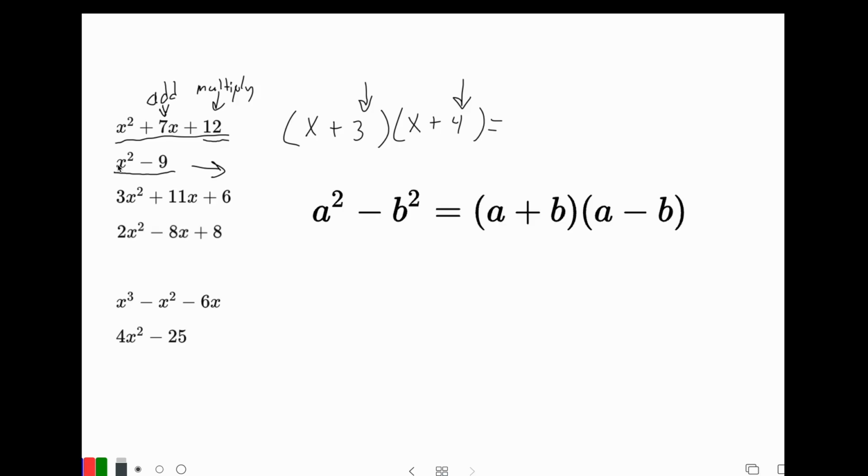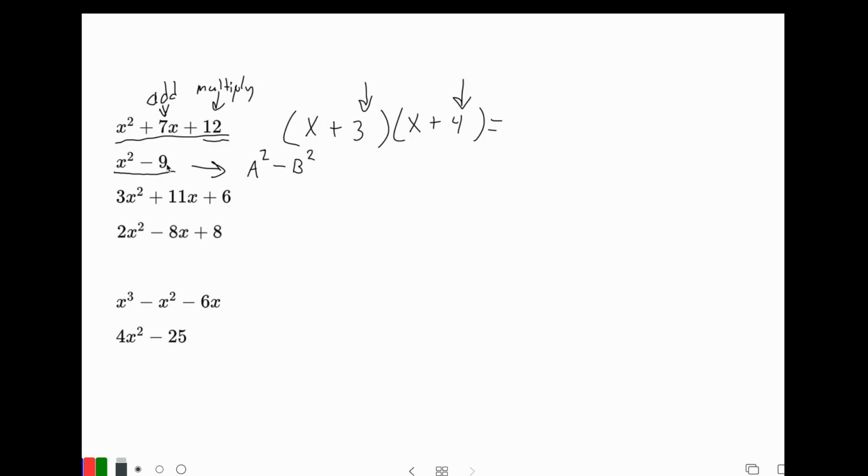Now the next form that is very common on the ACT is something squared minus another thing squared, the difference of those two. So it's in the form a squared minus b squared. Because 9 is a square, it's 3 squared. So a squared minus b squared will always equal a plus b times a minus b.